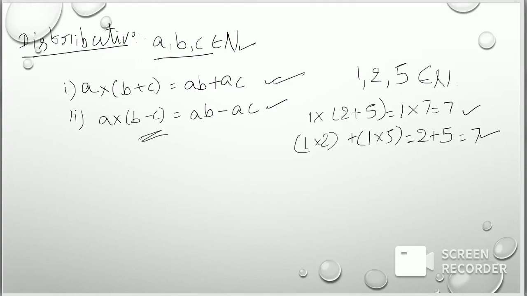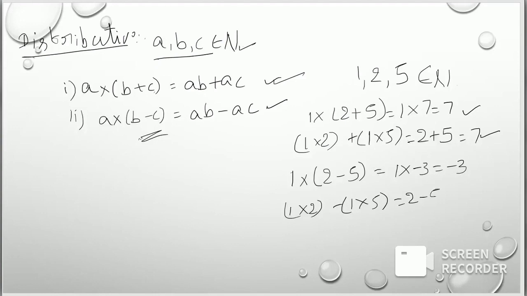Then this equation is satisfied. And also for subtraction, 1 × (2 − 5) is equal to 1 × (−3), that is equal to −3. And 1 × 2 minus 1 × 5, that means 2 minus 5, is equal to −3.